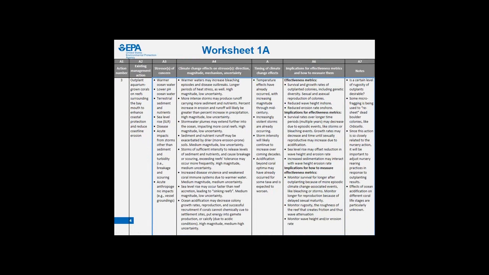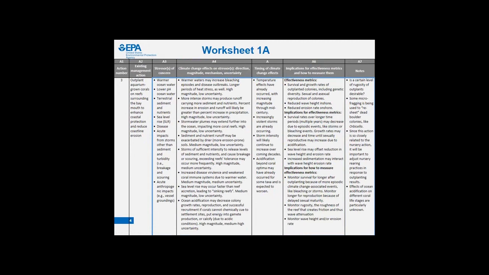So again, high magnitude of the change, the effect, and low uncertainty. When runoff occurs, those stormwater plumes may extend farther into the ocean, impacting larger areas of coral reef or areas of coral reef farther away from the river mouths or the discharge points. Again, high magnitude and low uncertainty.